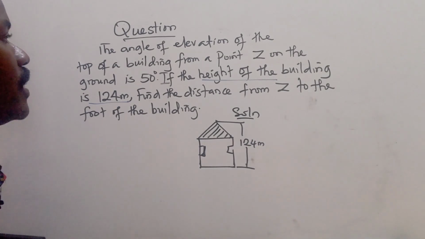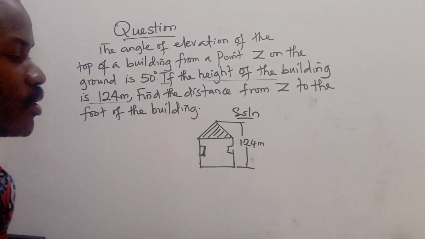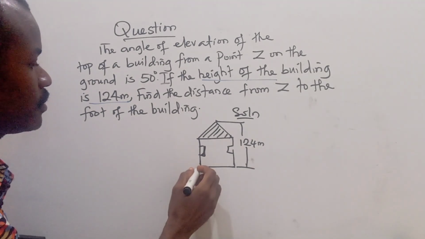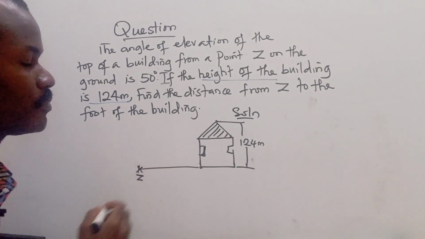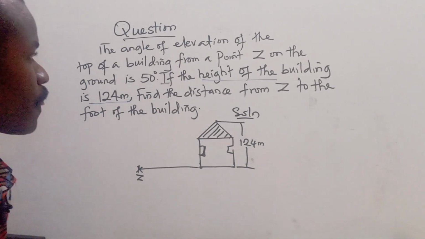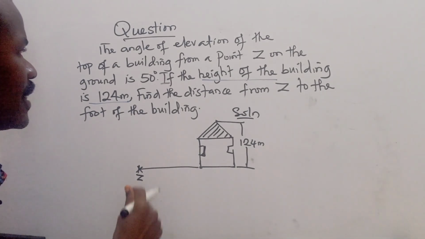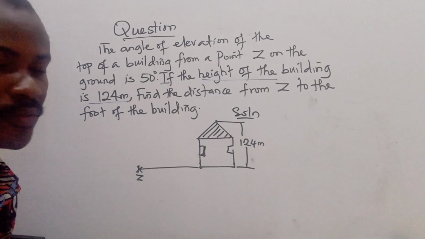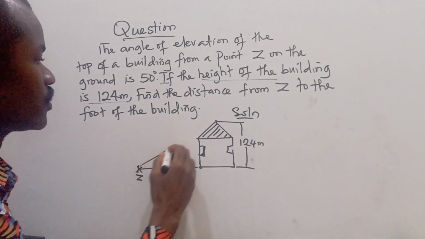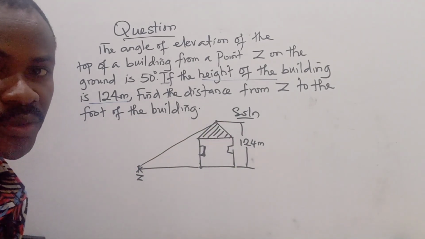And the angle of elevation of the top of the building from a point. Now the point, let's extend it, let's say this is the point Z, has an angle of elevation of 50 degrees to the top of the building. So the angle is going to go this way to the top of the building.